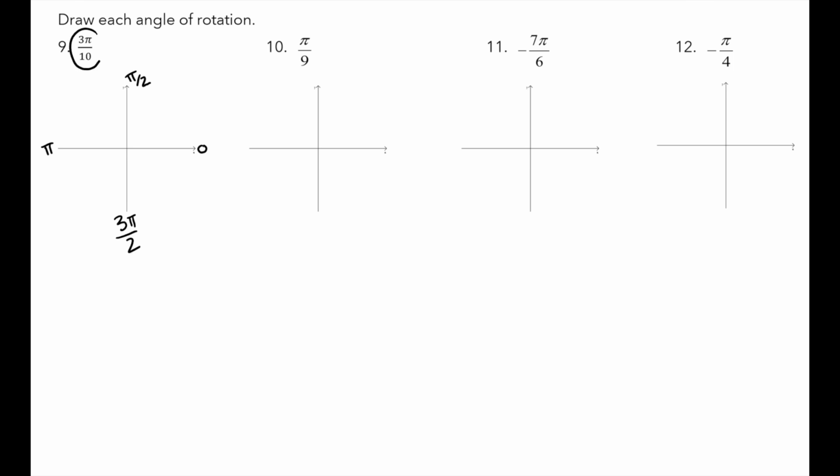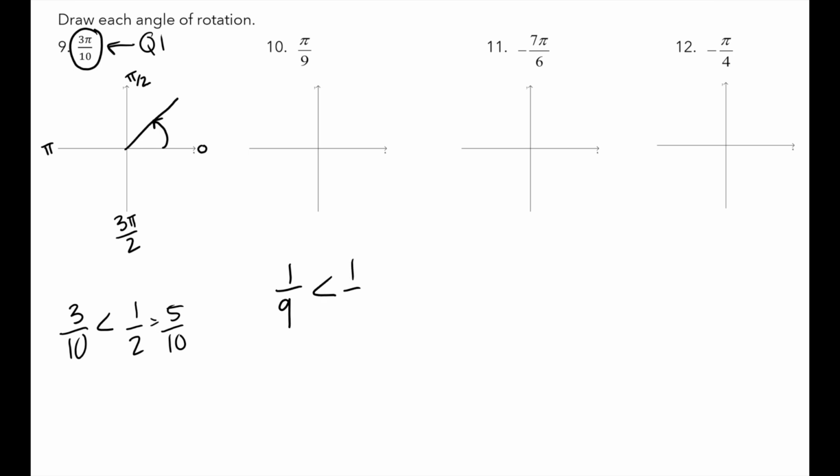So if I have 3 pi over 10, I know that 3/10 is less than 1/2, right? 1/2 would be the same thing as 5/10. 1/2 is right here. So that means this has to be in quadrant 1. It's somewhere in here. I could do the same thing with pi over 9. I know 1/9 is definitely less than 1/2. So once again, it's somewhere in the first quadrant.